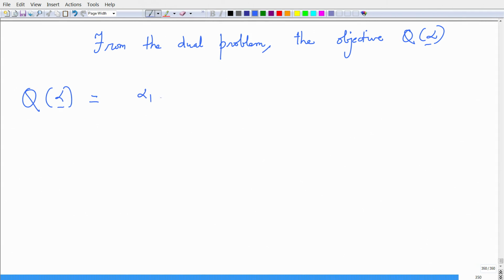Just recall that it is summation i equals 1 to 4 of alpha i minus half times summation i equals 1 to 4, summation j equals 1 to 4 of alpha i alpha j di dj and then the kernel acting on this, right. If I simplify this, I get this as follows: alpha 1 plus alpha 2 plus alpha 3 plus alpha 4 minus 1/2 this quantity here.